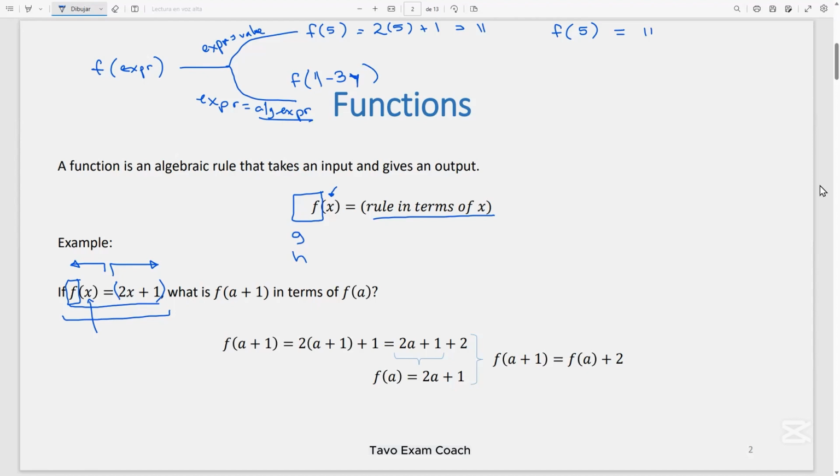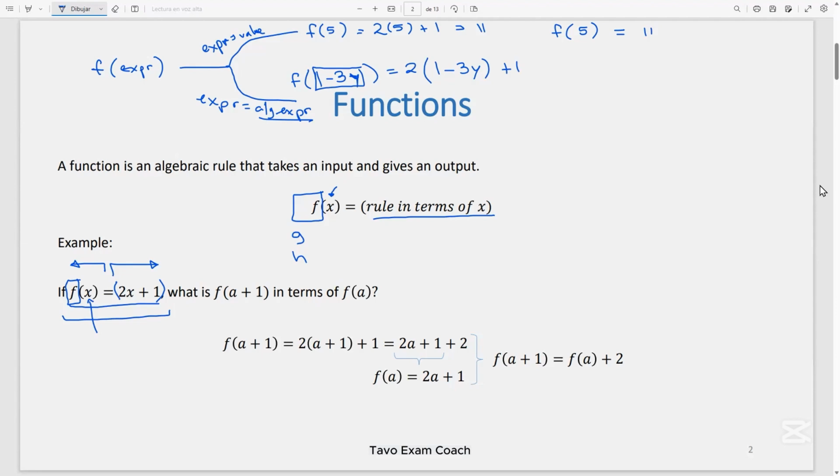Well, again, this makes reference to the output of evaluating this rule 2x plus 1 using as the value of x, not a numeric value, but instead the whole algebraic expression 1 minus 3y. So if we substitute where x appeared, you would have to multiply 2 times 1 minus 3 times y, and then add 1.